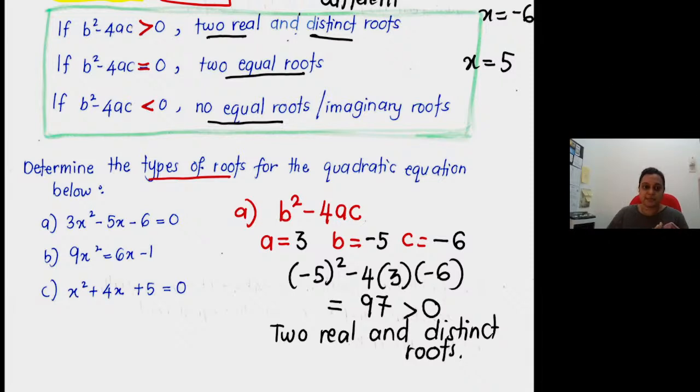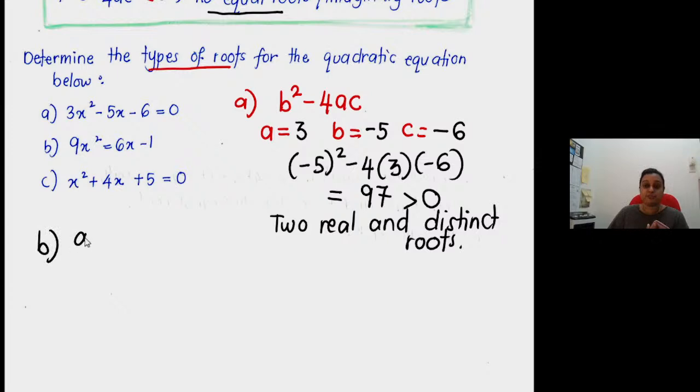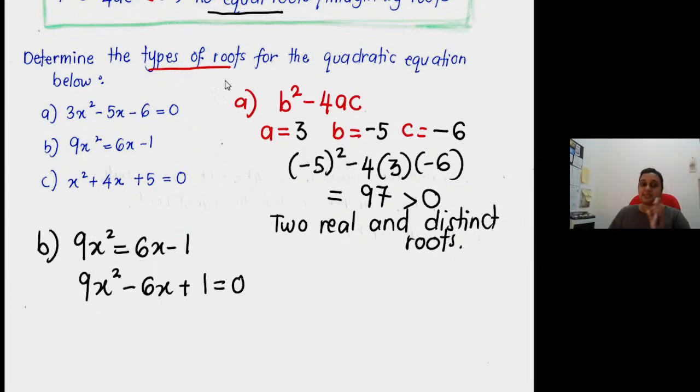Now B. The question is not in general form. You have to change it into general form first. Bring the entire equation to the front. So 9x squared minus 6x plus 1. Now I want to know what type of roots this equation has.